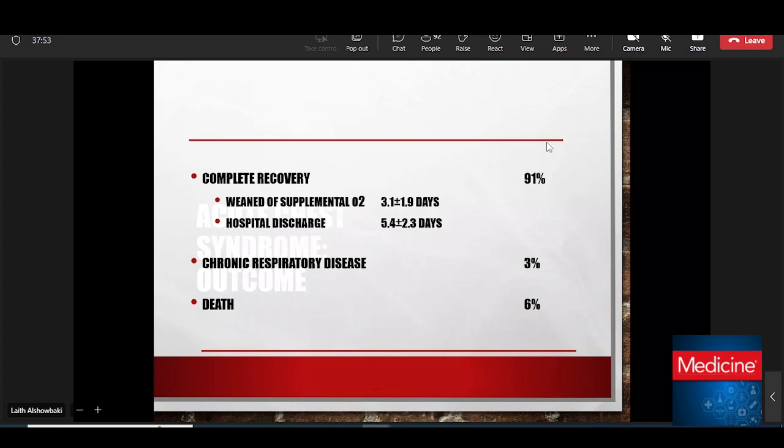But the most important number is 6 out of 100 die of that complication. So if you have sickle cell disease and you present with an acute chest syndrome comprising fever, shortness of breath, cough, pleuritic chest pain, every time you present with these symptoms, there's a 6% chance that you will die from it, despite the optimal treatment.